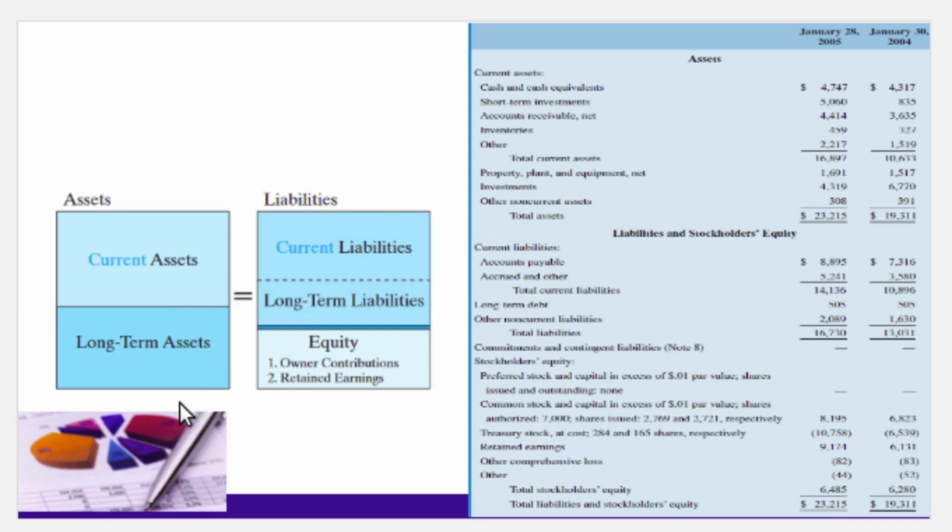Because cash is the most liquid of all the assets, it is always listed first. Current assets are critical, so they are separately broken out and totaled. They are what the business will hold for the next year.